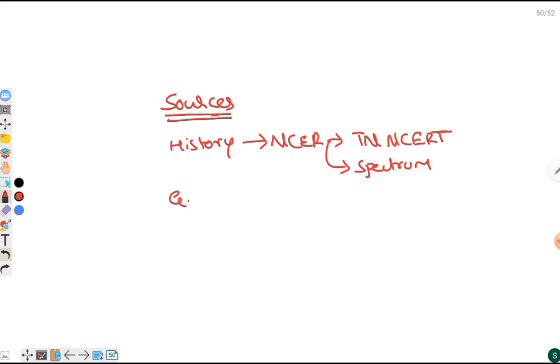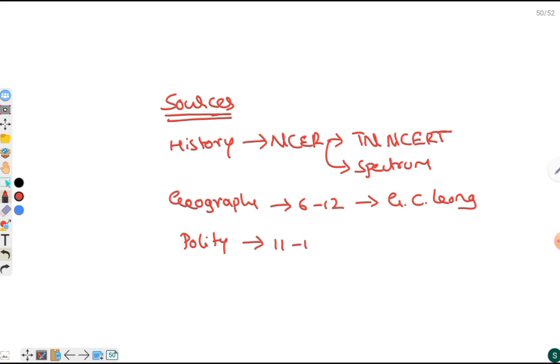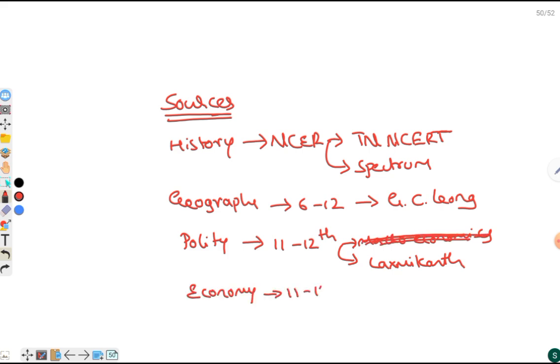Then coming to geography, we have seen all the NCERTs from 6th to 12th are necessary to read, and apart from this you have to rely on GC Leong for standard source. Polity from NCERT, that is 11th and 12th, then rely on Lakshmikant's book for standard source.